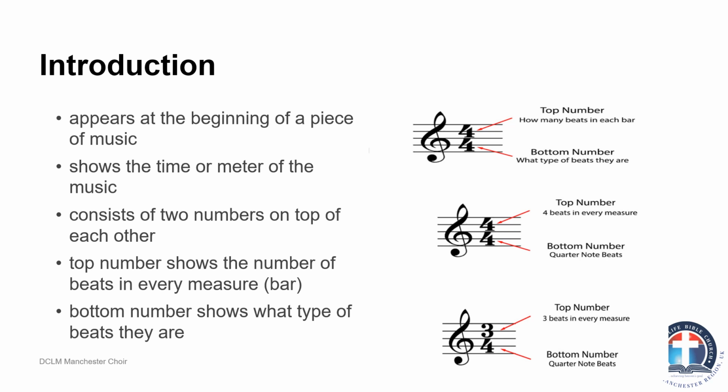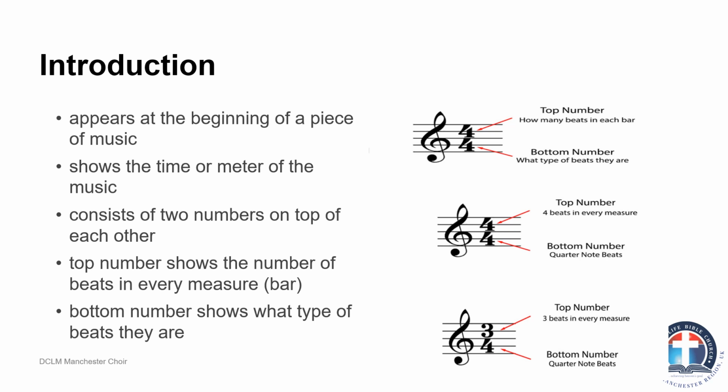A time signature is that set of two numbers that appear at the beginning of a piece of music. What it does is that it shows the time or meter of the music. Like we said already, it consists of two numbers, one on the top and one at the bottom.